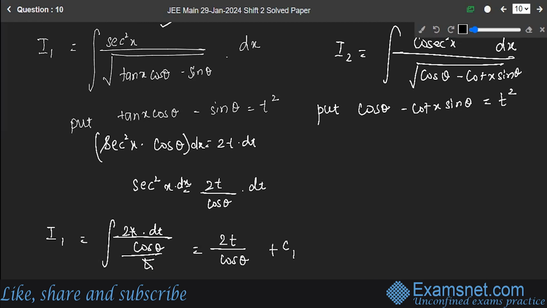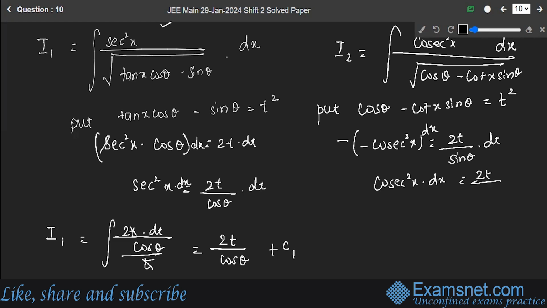So the derivative gives cosecant square x dx equal to 2t upon sine theta into dt.